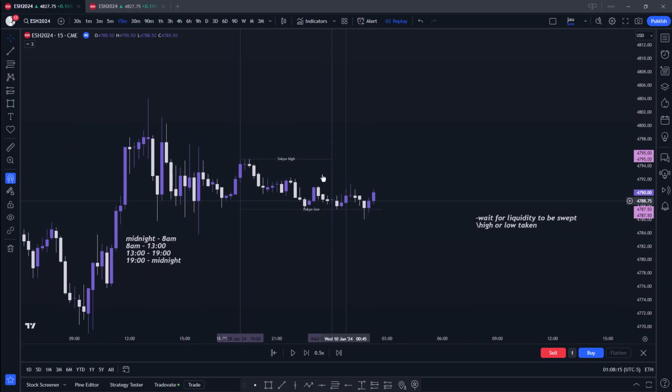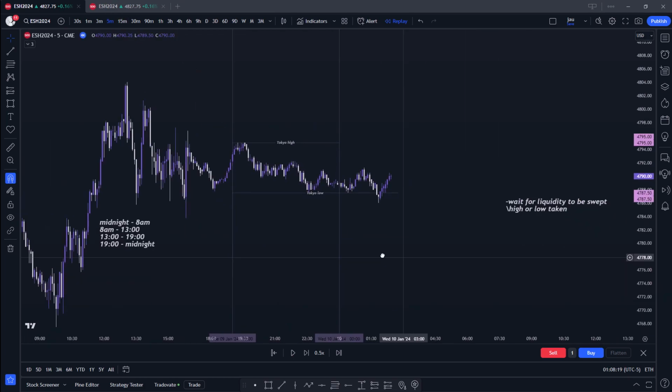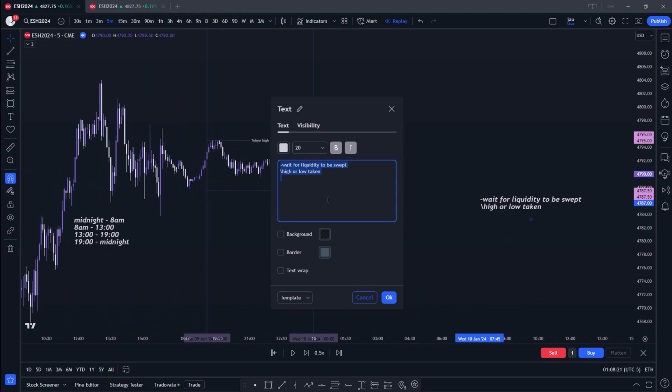So at this point, this is when I now go down to my 5 minutes chart, because I take my trades on the 5 minutes time frame. On the 5 minutes time frame, I wait for a displacement that creates a 5 minutes fair value gap.